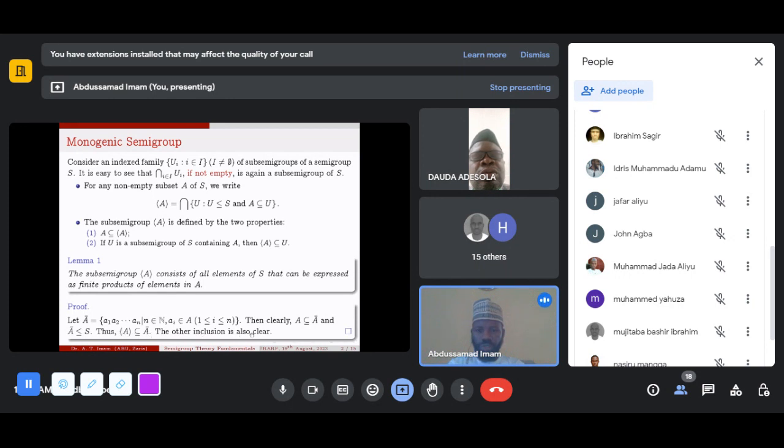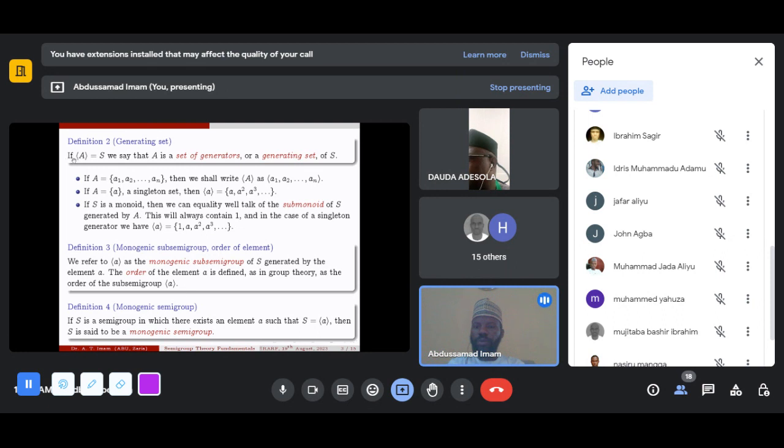And then the other inclusion is also clear, because all the products are from A, and this semigroup contains A and is a sub-semigroup, so products of elements coming from A will be contained inside it. So it is not difficult to see that the smallest sub-semigroup containing A is the same as the semigroup containing all finite products of elements in A. This is how we describe the sub-semigroup generated by A.